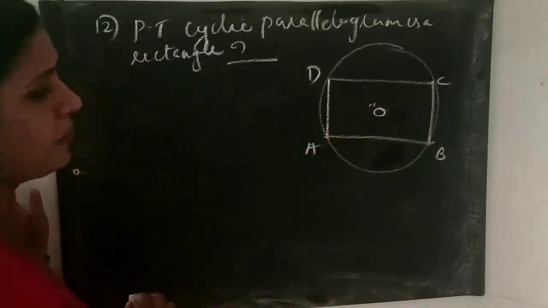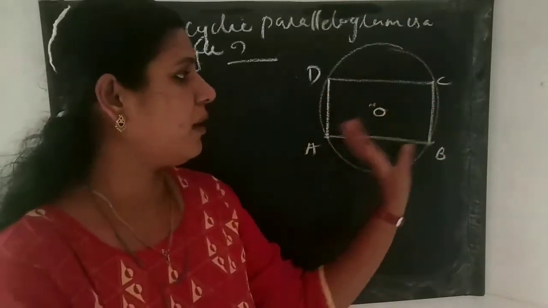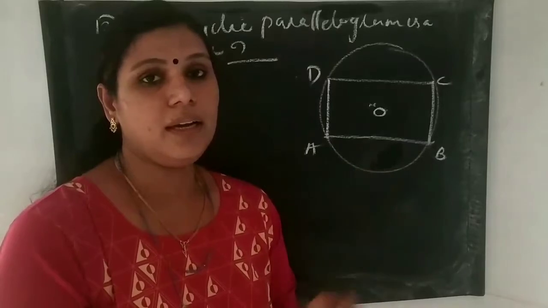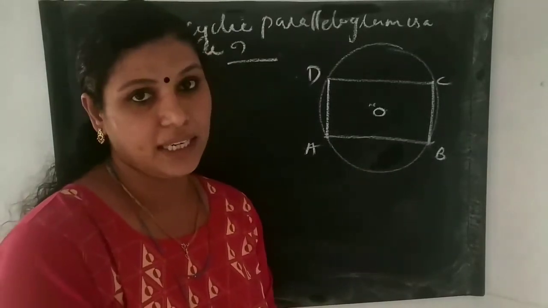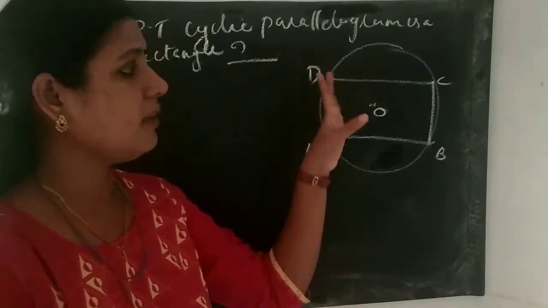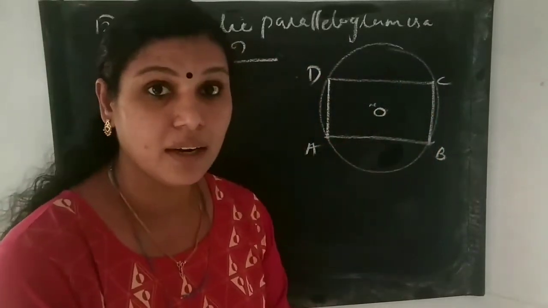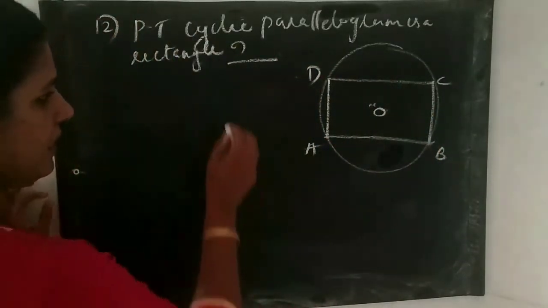we know that the opposite sides of a parallelogram are equal. In a cyclic quadrilateral, the sum of opposite angles is 180 degrees.